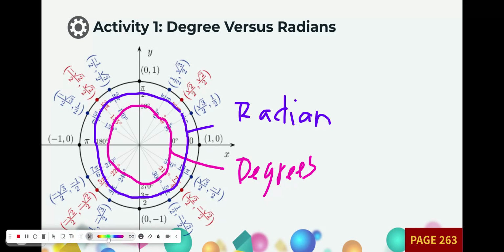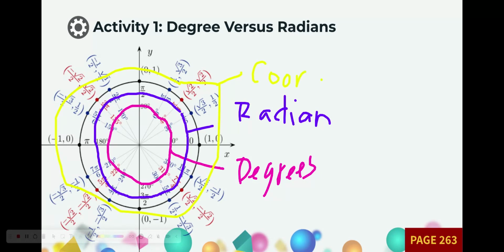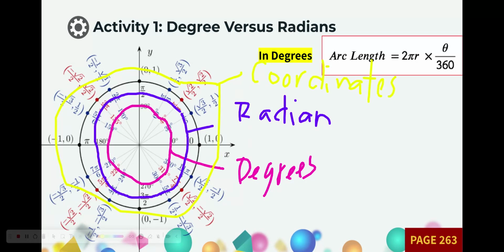The one outside is what you call coordinates. Please remember that, because at some point, those are related to each other.